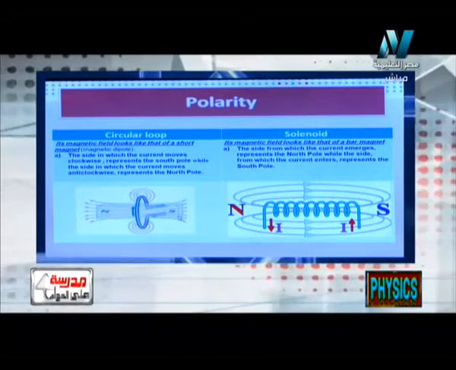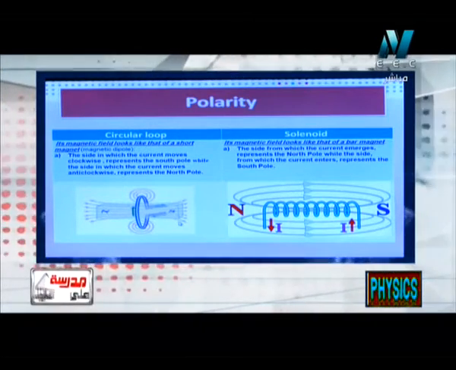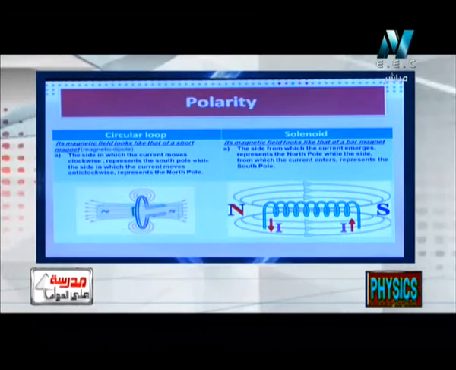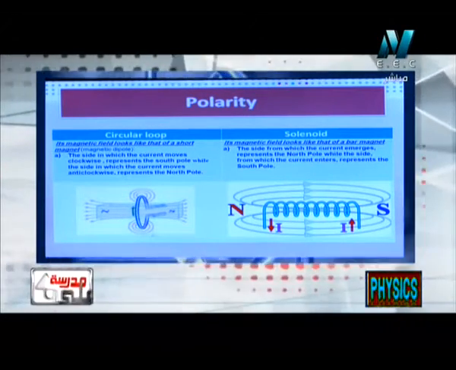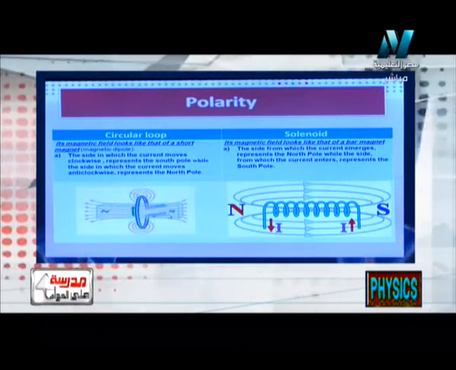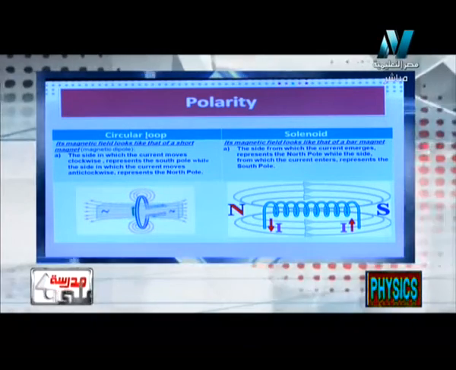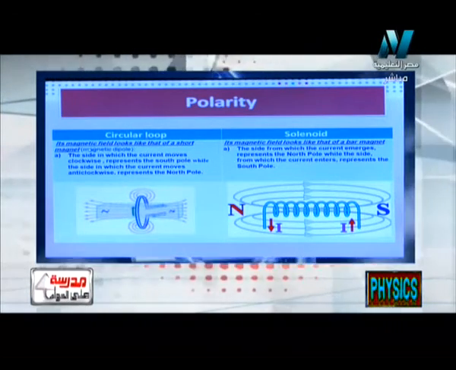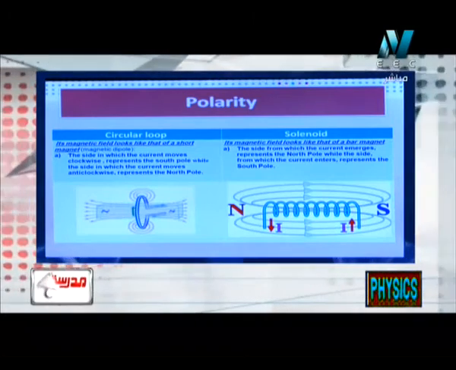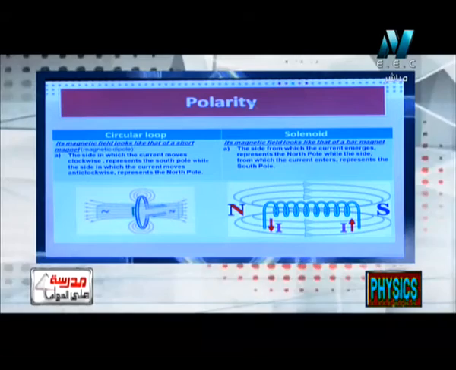But for this other part, we can see that the arrow represents movement in the clockwise direction, so it represents the south pole of the magnet. So when the circular loop carries current, the magnetic field around it looks like that of a short magnet. But what about the solenoid?